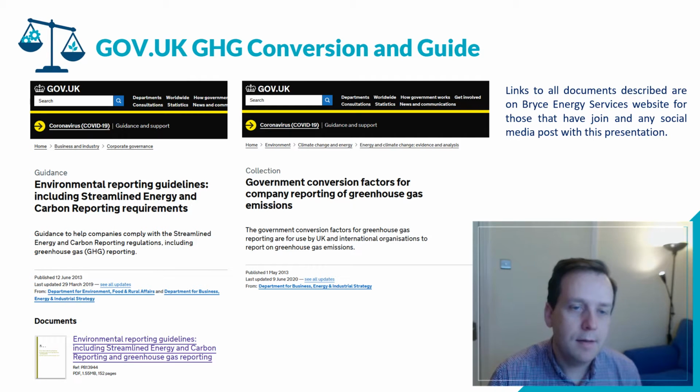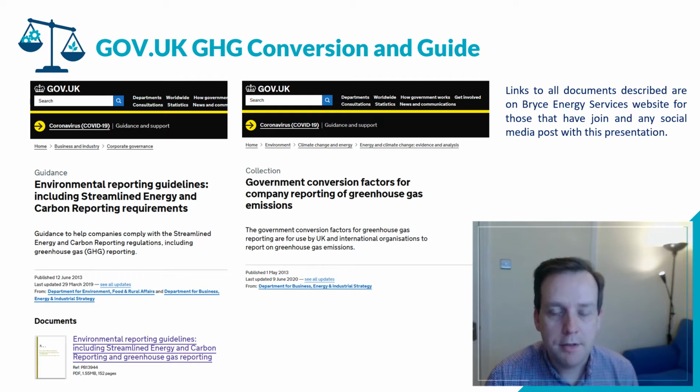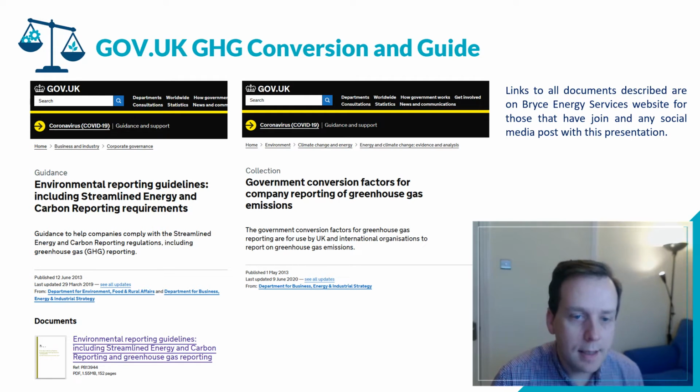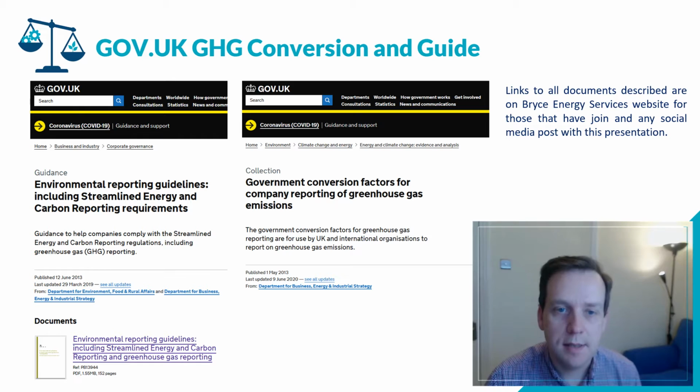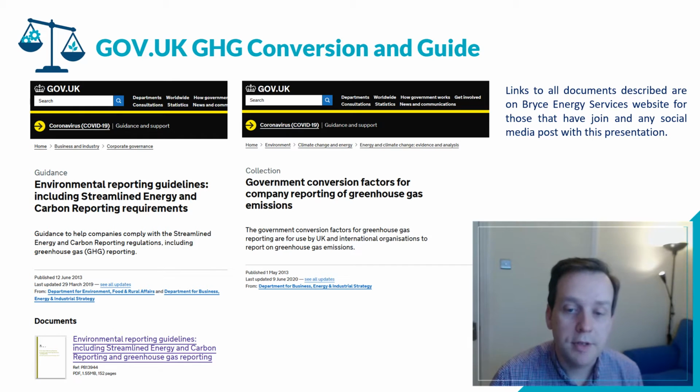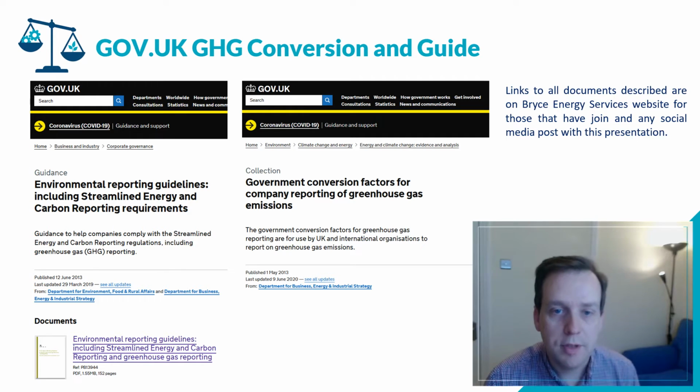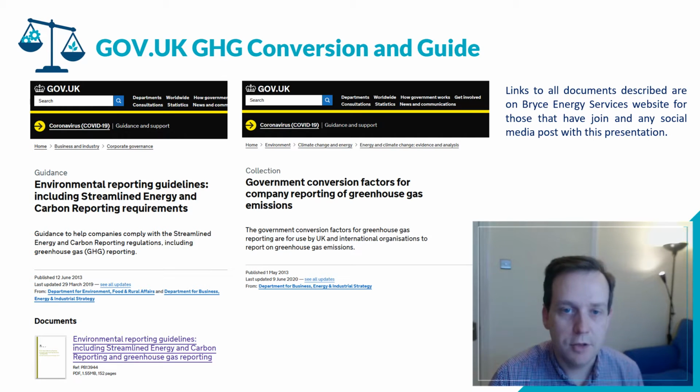But these conversion factors are used by the government for regulatory performance monitoring, and there is a legal requirement on certain sizes of business to report their carbon footprint on an annual basis as a part of the director's report or other reports from the business, such as ESOS.